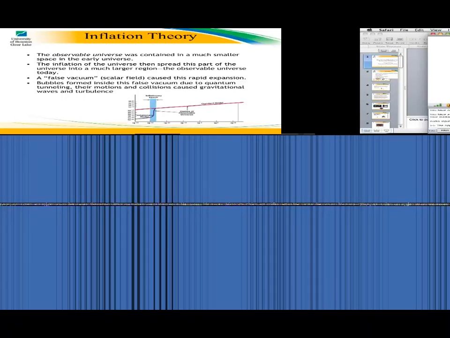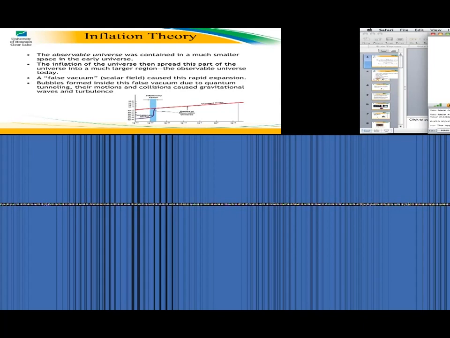So what happened here was really interesting. If you have the scalar field, it can tunnel through to create bubbles within the scalar field.